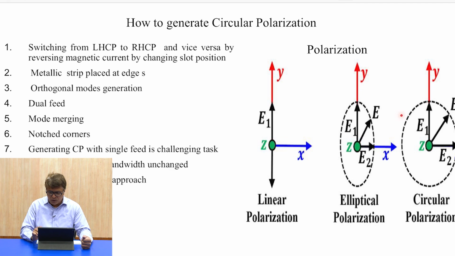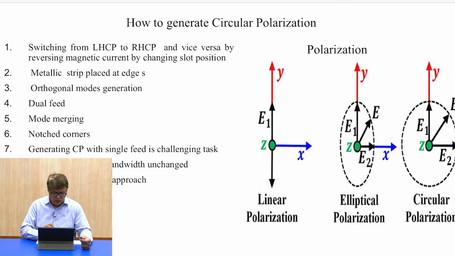If we are able to rotate this E field in anti-clockwise direction, we will say LHCP, or left hand circular polarization. We are going to see today how we can do this. The basic mechanism in the feed is that either we can make the E1 component dominant or we can make the E2 component dominant. So, the dominant component of the field will give us the rotation effect.